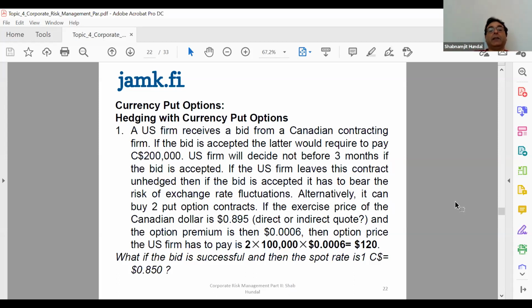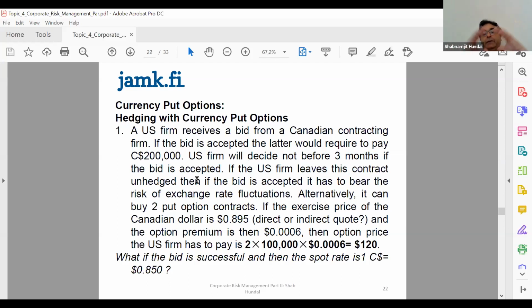The deal is that if the Canadian company wins the contract, they will pay you in their domestic currency. So if you sell your company to this Canadian firm, you will be getting 200,000 Canadian dollars, but you don't know before 3 months if this is true or not. They may choose not to buy you. So it means that you may get 200,000 Canadian dollars after 3 months.